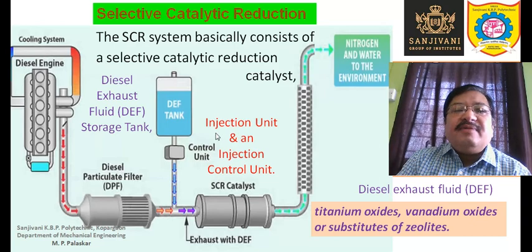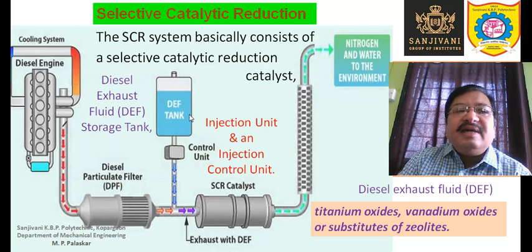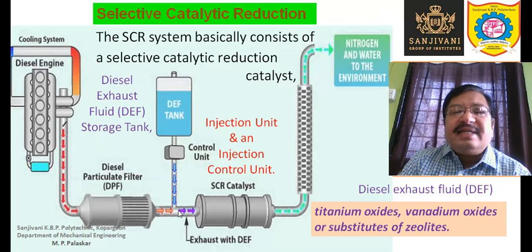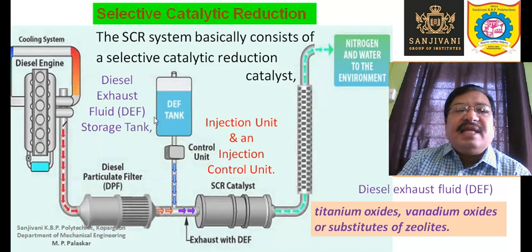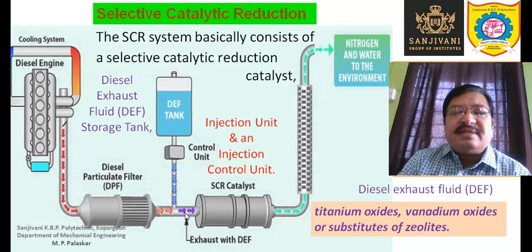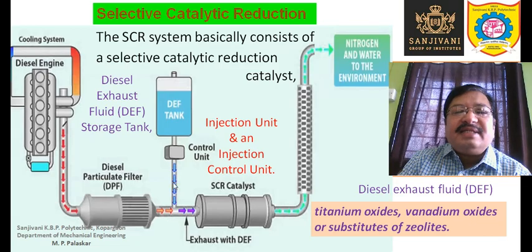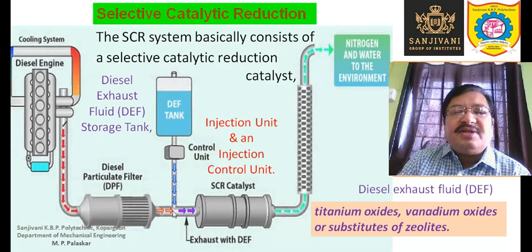And with the help of the injection unit and the injection control unit, we can inject the appropriate quantity of the DEF fluid in the exhaust gases at the right time, for the appropriate duration. So proper injection of this diesel exhaust fluid is done in the exhaust line, and along with the exhaust gases, this DEF fluid is mixed in the exhaust gases.